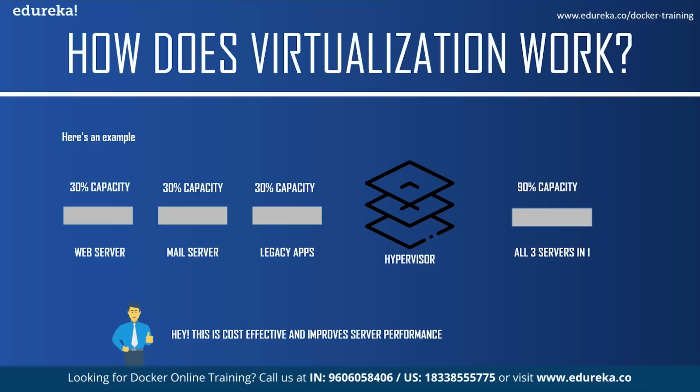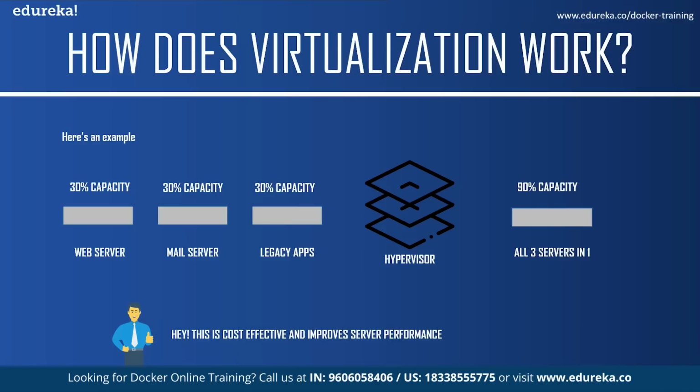Now a hypervisor is like an interface between the physical and the virtual environments. The hypervisor enables virtualization to take place. It emulates the virtual environment and divides it from the physical environment.